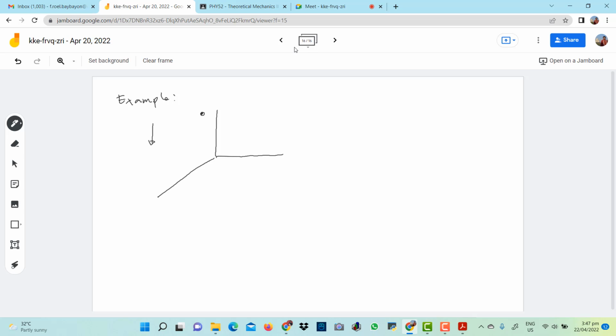The mass m is constrained to move along a smooth helix wire. The helix wire looks like this.